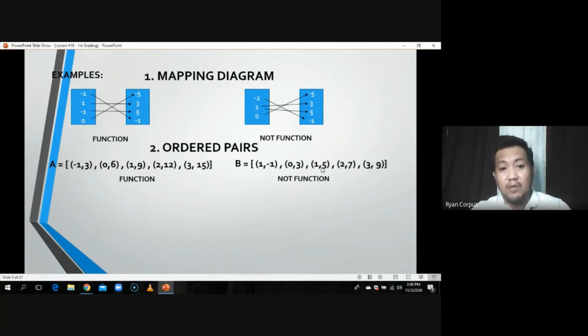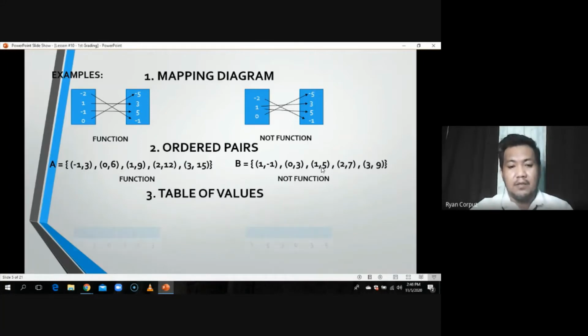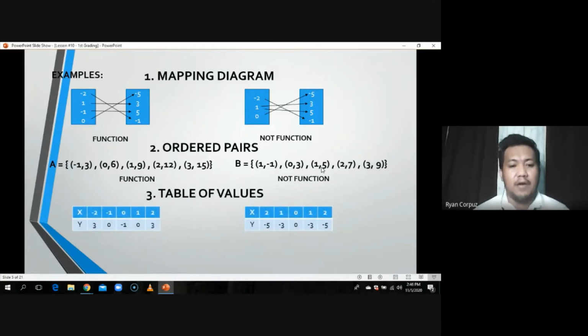Then that is with the use of ordered pairs. What if the given is a table of values? There are two given tables of values here. For the table of values on the left, just look at the values of x, or what we call the domain. If the domain has no repeated numbers, then we can consider that a function.